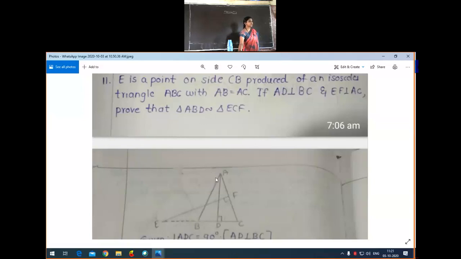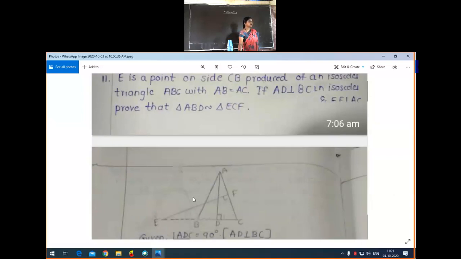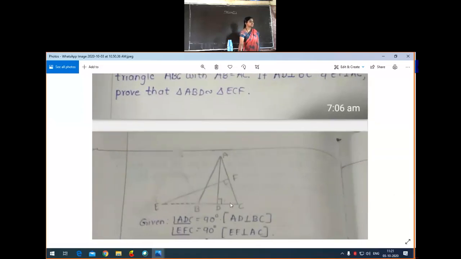If AD is perpendicular to BC and EF is perpendicular to AC, from the figure you can easily understand this. Prove that triangle ABD is similar to triangle ECF. See here, the proof part.